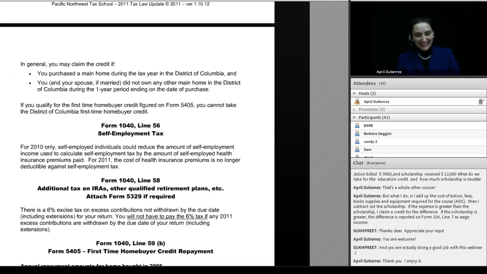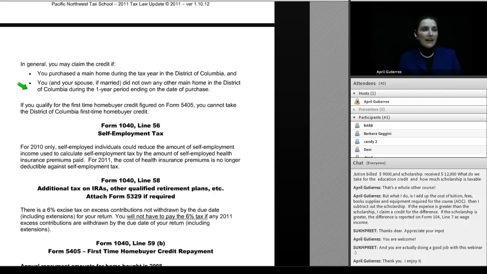At any rate, in general, you may claim the credit if you purchased a main home during the tax year in the District of Columbia and you and your spouse, if married, do not own any other home in the District of Columbia during the one-year period ending on that date. So essentially, if for some reason you have to move to Washington, D.C. and you purchase a home there, you could get the credit.